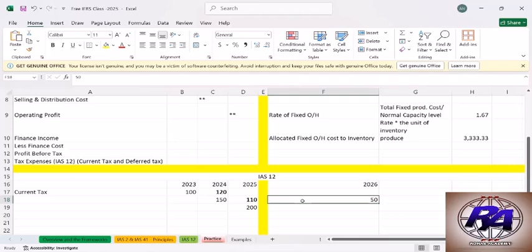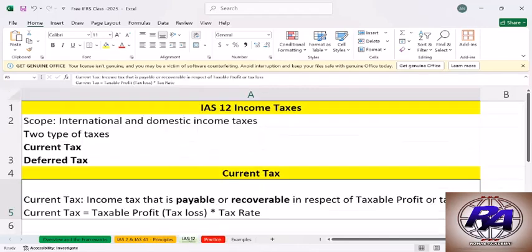And mind you, that is only possible when the company can go back and offset this tax credit against its tax paid previously. So it's not only about payable, we can also recover tax. That's the meaning of tax recoverable. But this is in respect of tax loss. Payable is in respect of taxable profit. So payable goes with taxable profit, whilst recoverable goes with tax loss. Do not forget.